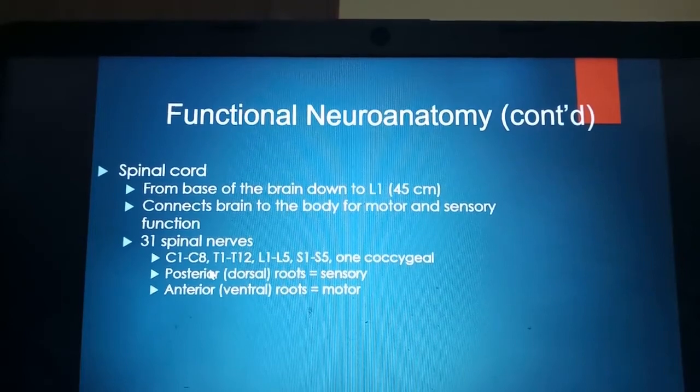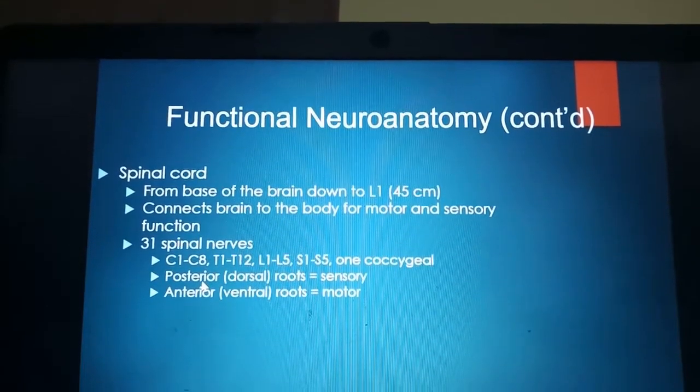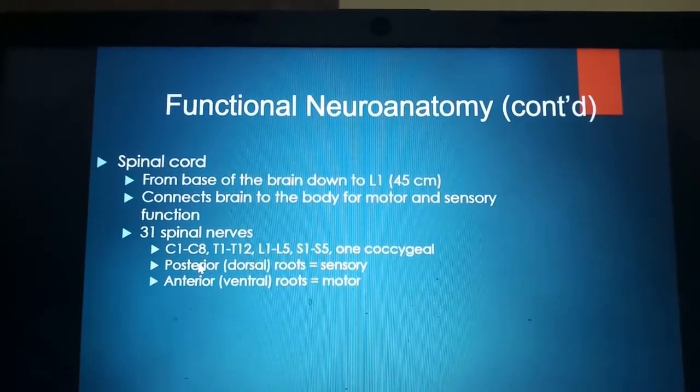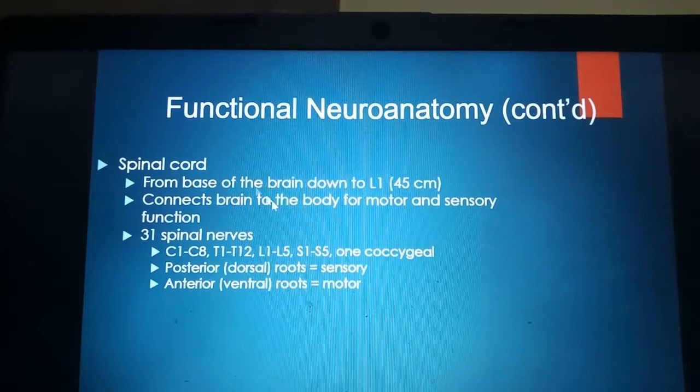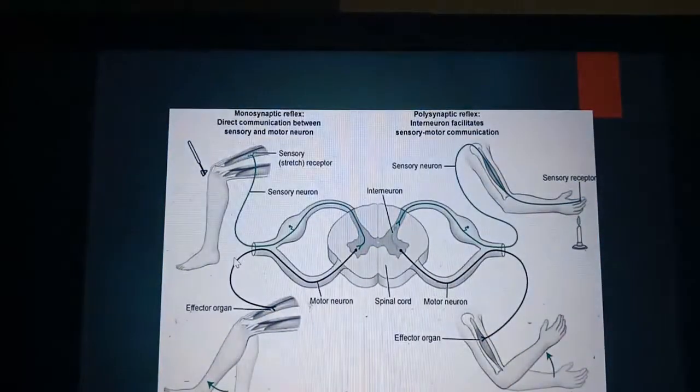So 31 spinal nerves are there, and they have the posterior roots and the anterior roots. Posterior roots have sensory function, anterior roots have motor function. So this is the spinal cord and all the nerves which arise from the spinal cord.